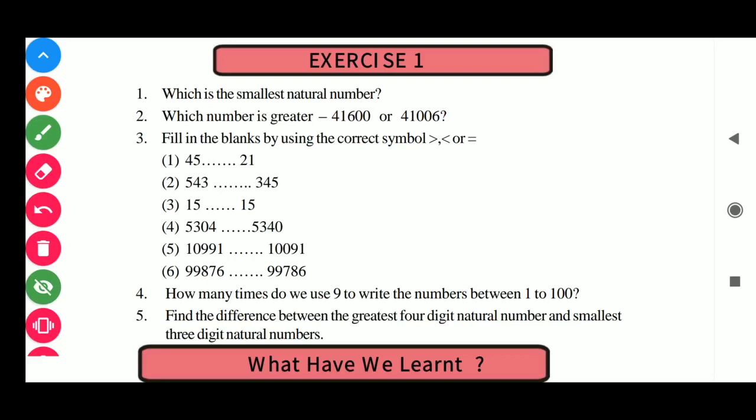The smallest natural number is 1. That is the answer to the first question.